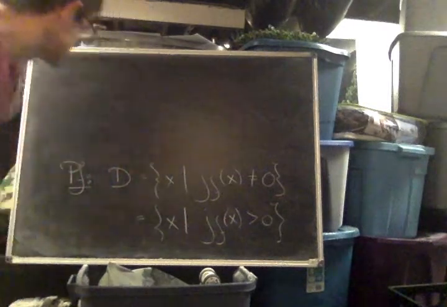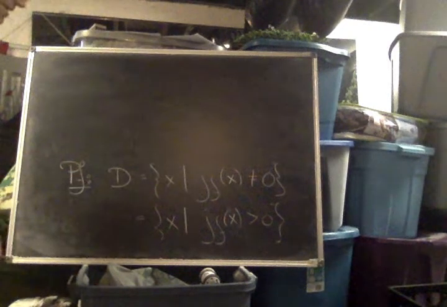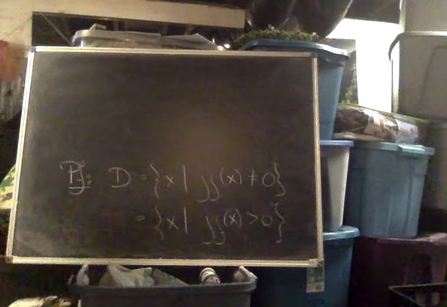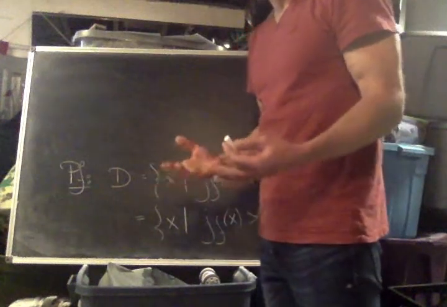All right, so we are trying to show that this set D is countable. So what we're going to do first is observe something about, in some sense, how big these jumps can be.